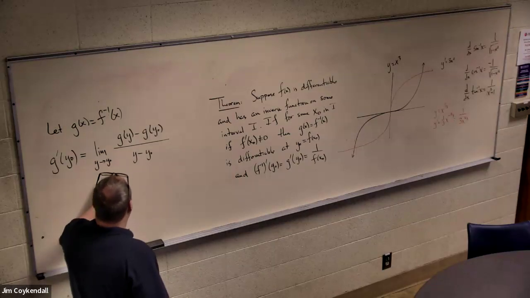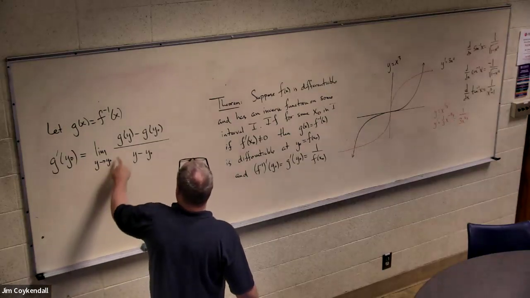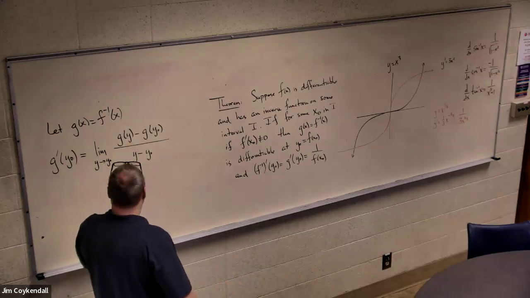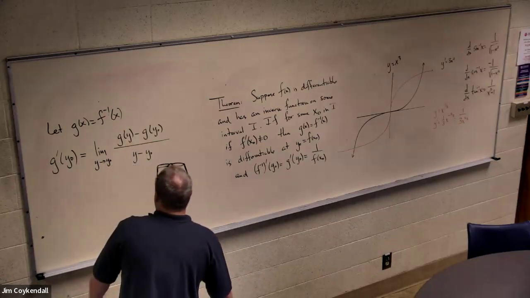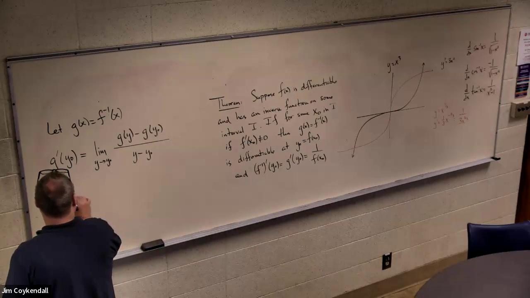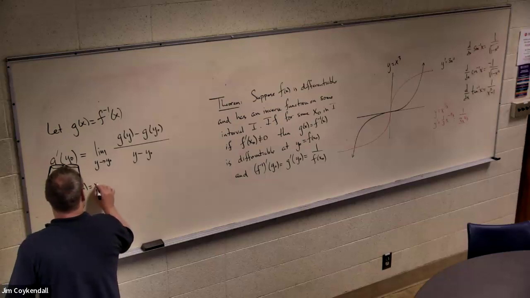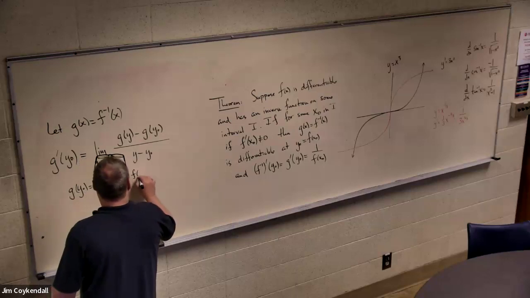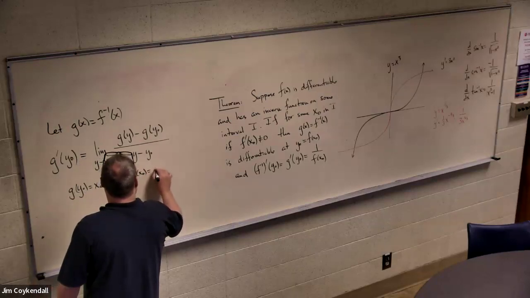Well, we can assume that y is very, very close to y0. That's what this limit is all about. And notice that g of y0 is x0, because f of x0 is y0.